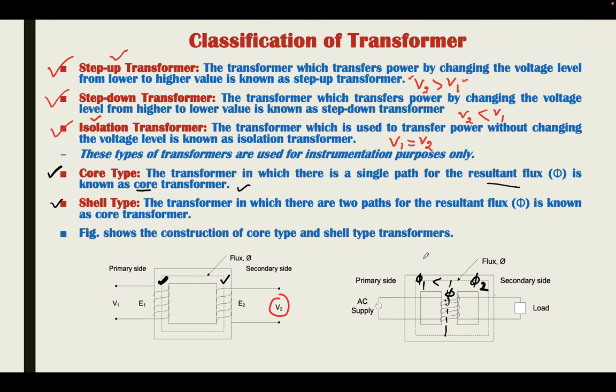This total flux will be equal to phi 1 plus phi 2, and the transformer in which there are two paths for the resultant flux is known as a shell type transformer. This is a shell type transformer. These are the pictorial views of core type and shell type transformers. This is core type and this is shell type transformer.